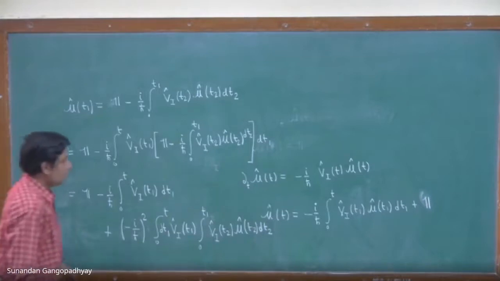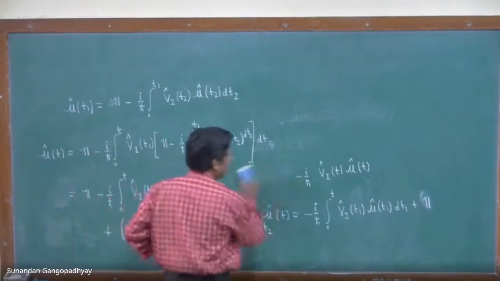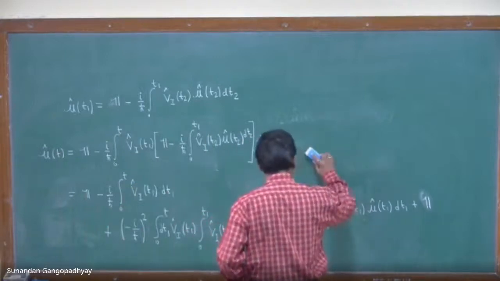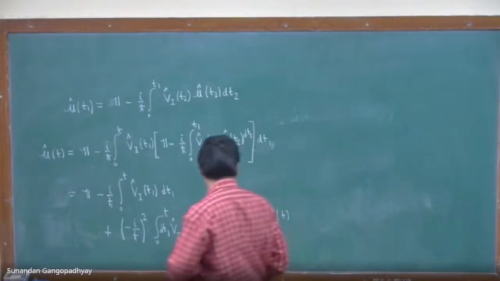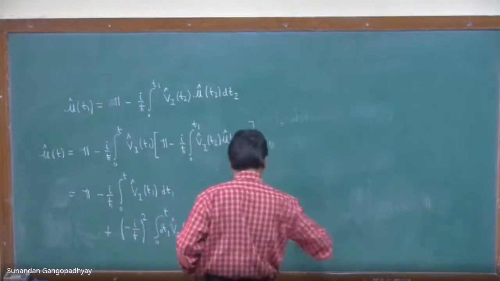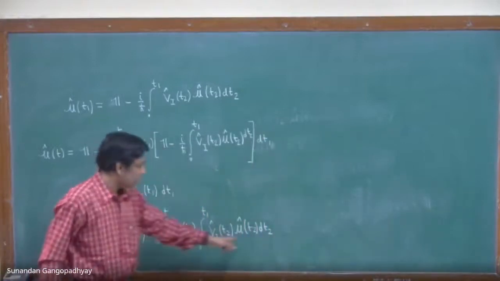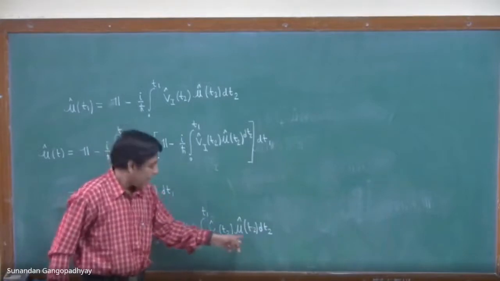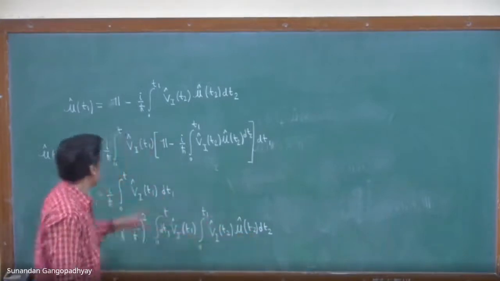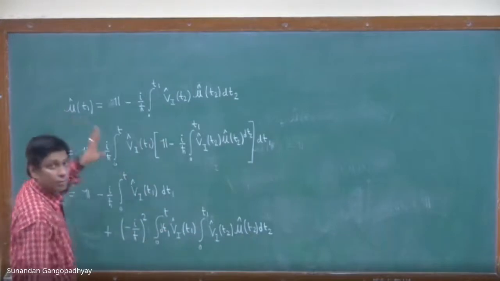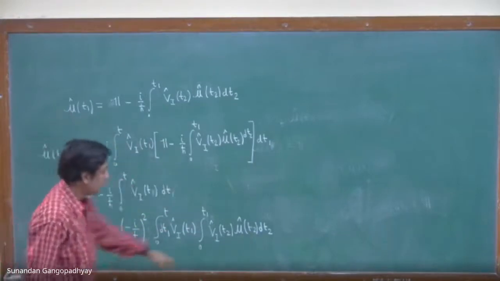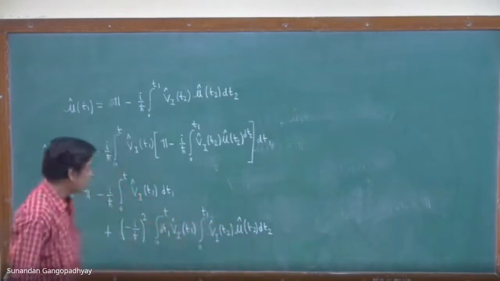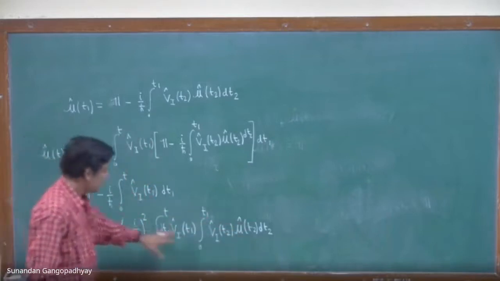So you can keep on continuing this. You can find the expression for u hat t2 from the expression we wrote down at the beginning, substitute it here, and get the second order term, and so on.